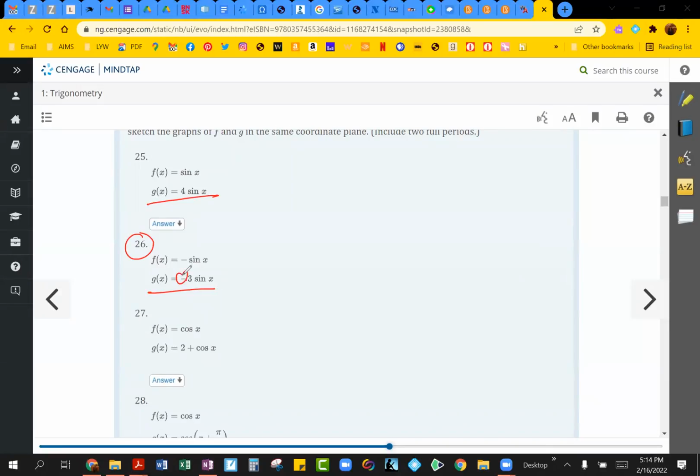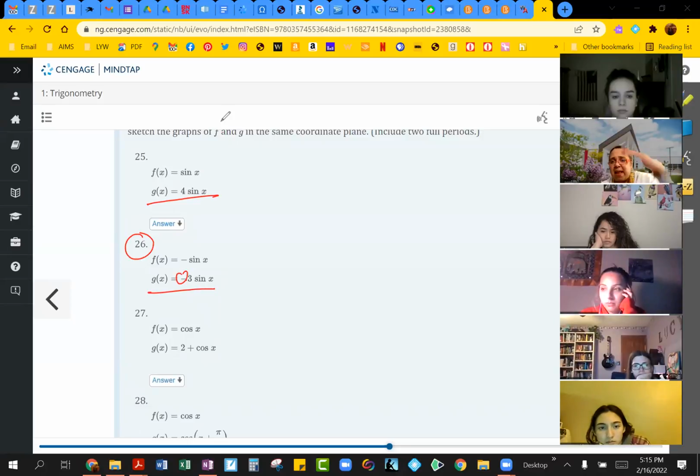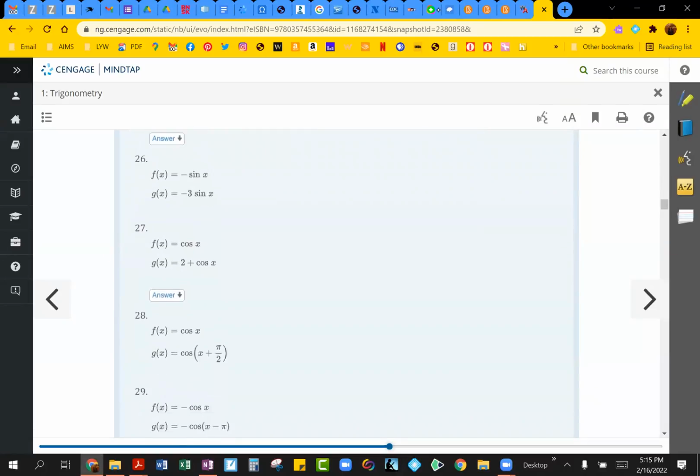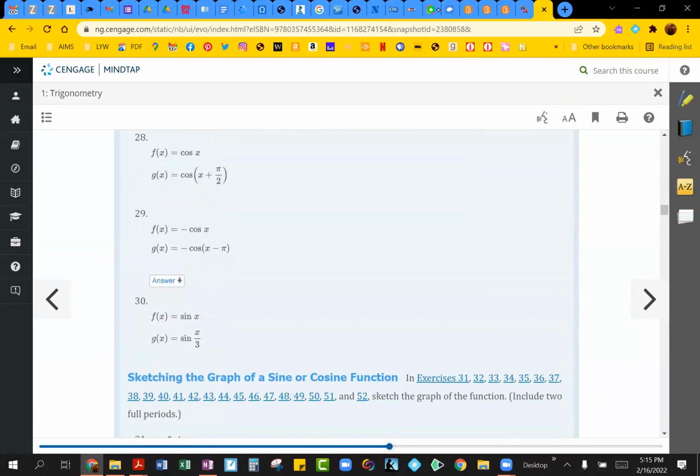The only difference is they're introducing a negative over here. As you can imagine, that amplitude will change to 3. So you will go from positive 3 to negative 3. But because of this negative sign, your maximum and minimum will flip because of that reflection. That's the only difference in 26, they're introducing that reflection.